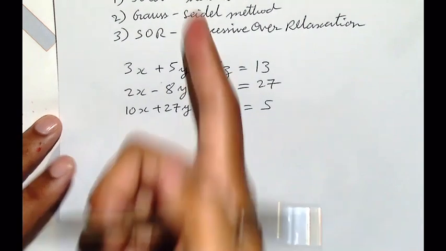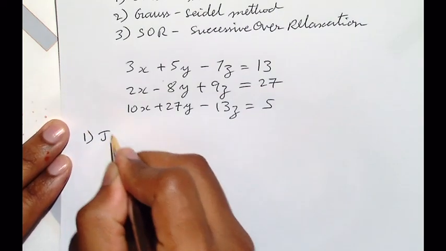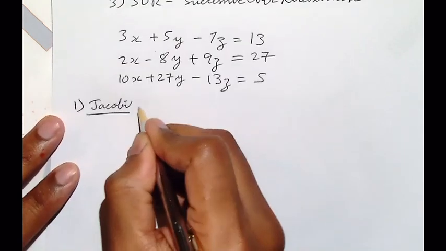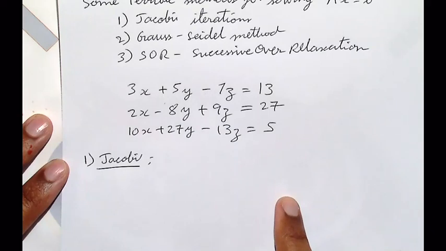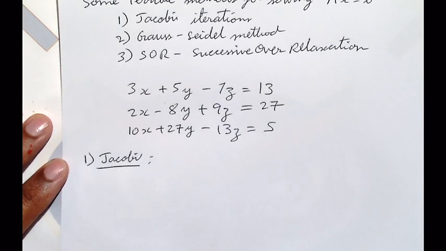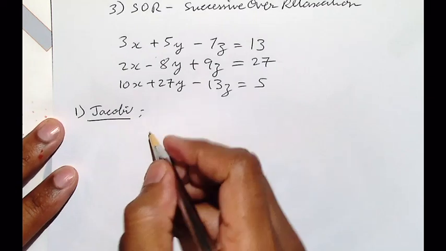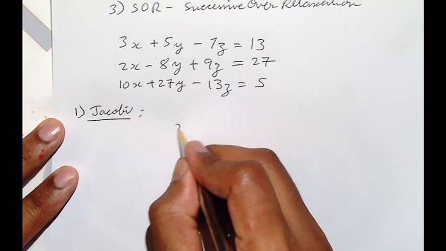Okay? So what does Jacobi iteration do? Have you heard these before? Jacobi, Gauss-Seidel, and so on? Okay, yes, no. All right. So Jacobi just says, all right, I have my three equations. I want three unknown variables.